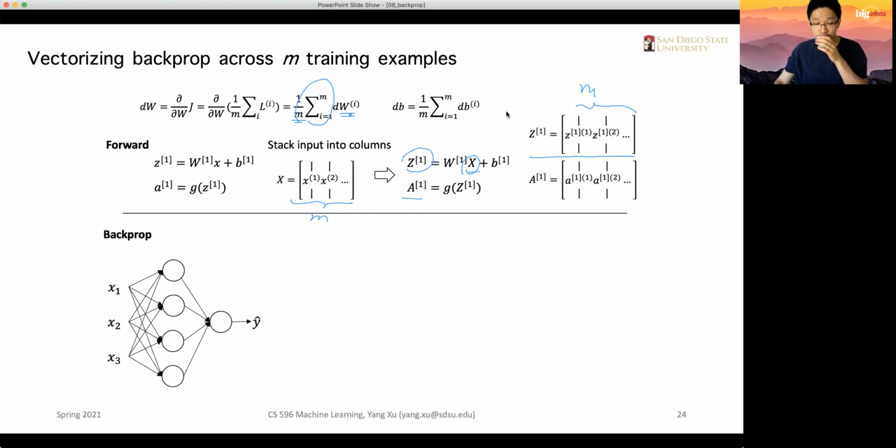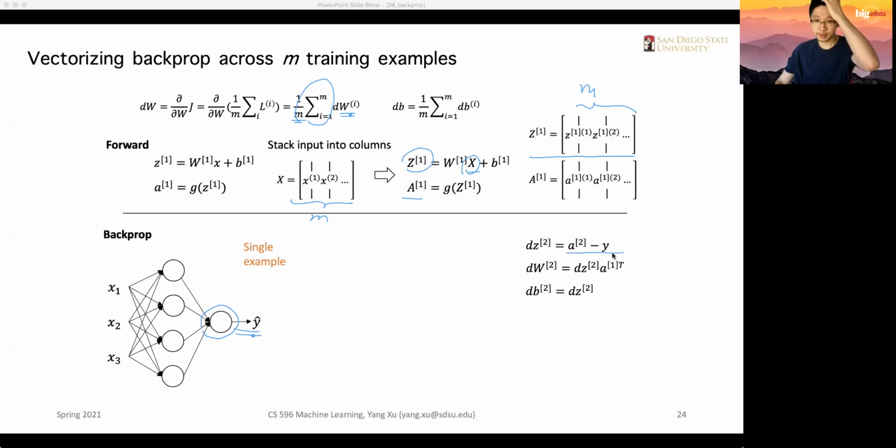And then in the backprop, let's do a little bit of comparison. If it's a single example, because here we use a single unit as output for logistic regression, basically, right? And they assume that it is a sigmoid function. Then the dz2 here would be a2 minus y, and dw2 is dz2 times a1 transpose, right?